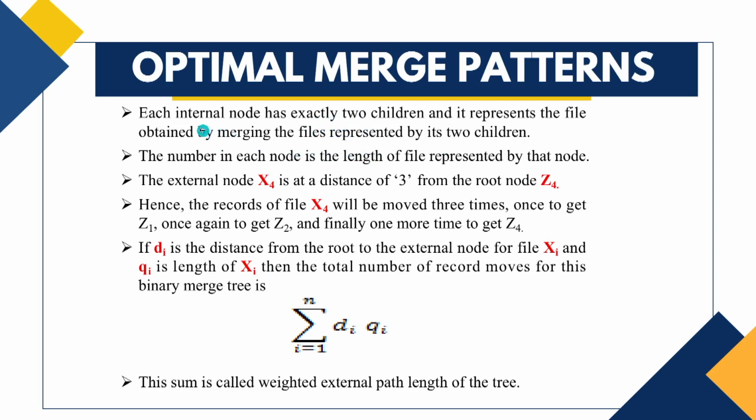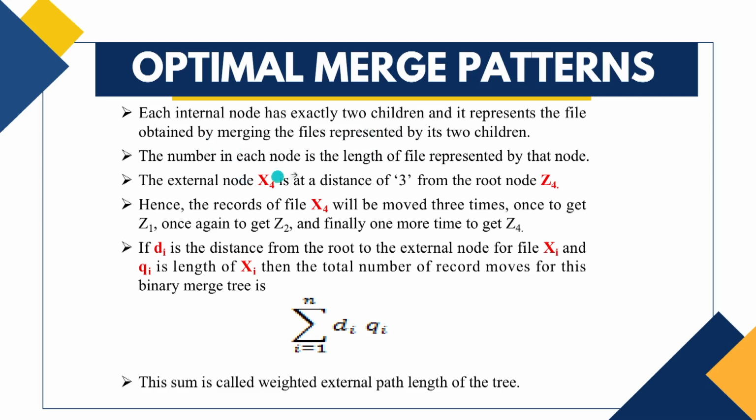I was telling you that we constructed the binary tree by merging 2 files into one, and the number of moves we made in total was represented by the internal nodes, and at that point in time we call one of them a root. Every internal node has exactly 2 children, and it was obtained by merging the files represented by its children.